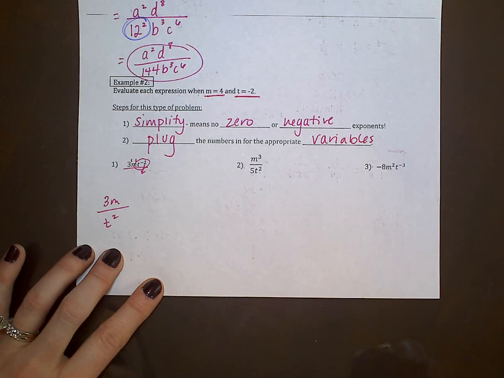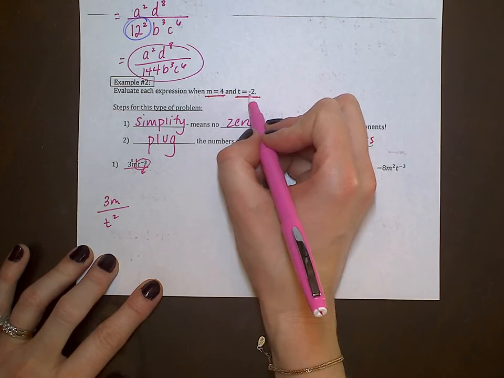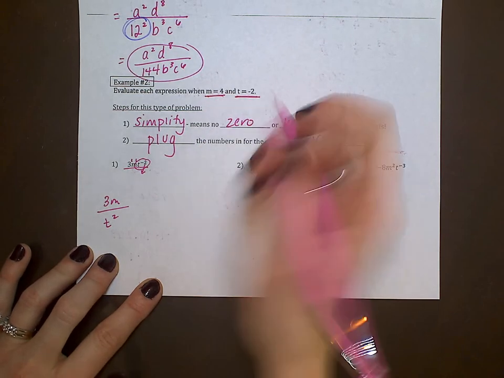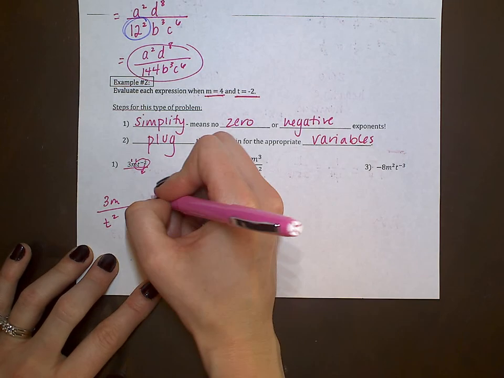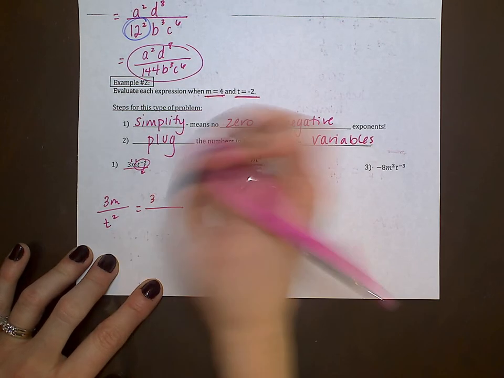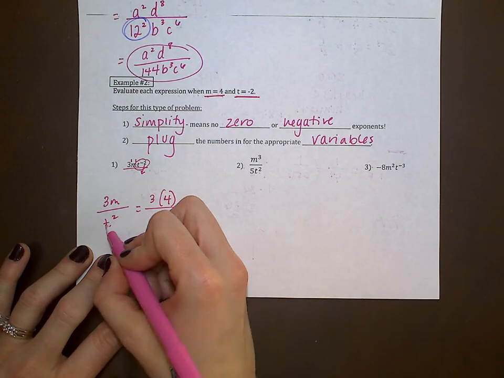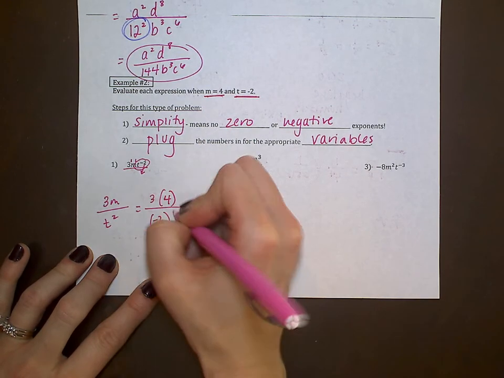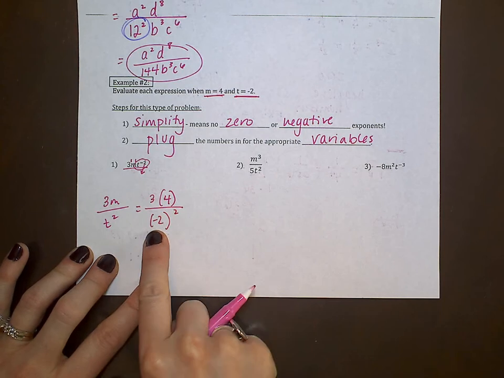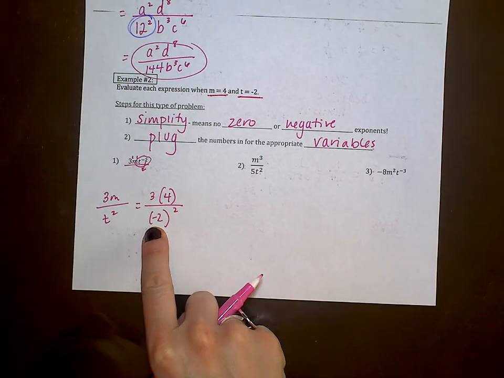Okay, so now think about the fact that they told you that m was 4 and they told you that t was -2. Okay, so let's plug those numbers in. So on top it'd be 3 times m is 4, use parentheses. And on the bottom, t is -2. If you don't use parentheses when you plug a number in, you will get the sign on this wrong, which will make the whole thing wrong.